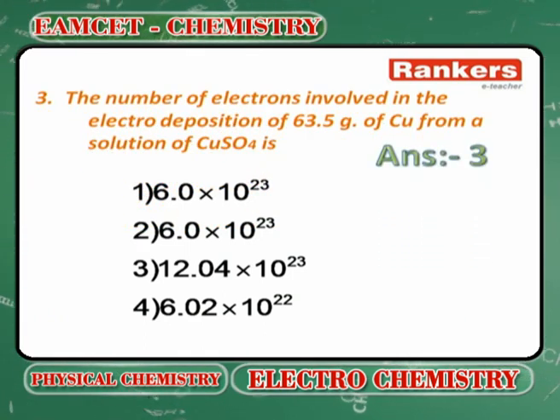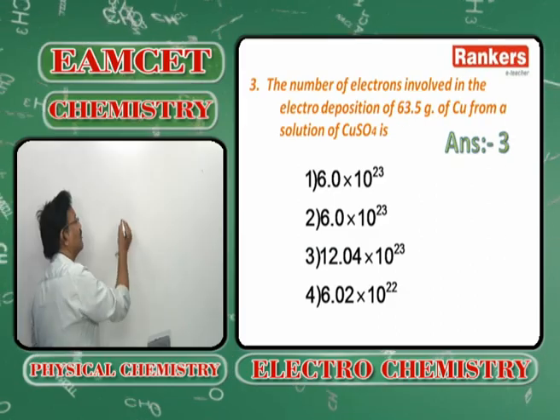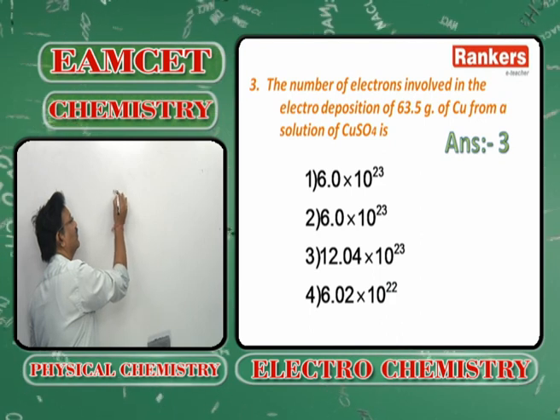The number of electrons involved in the electrodeposition of 63.5 grams of copper from a solution of copper sulfate. What is the number of gram equivalents involved?